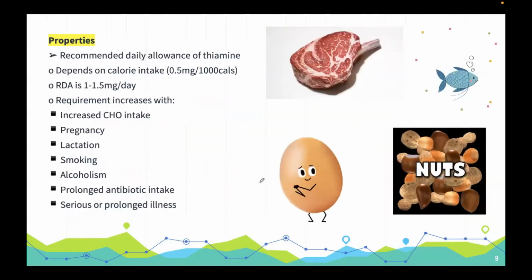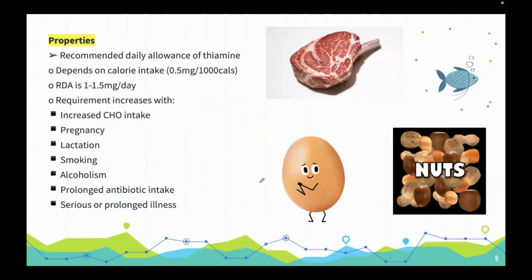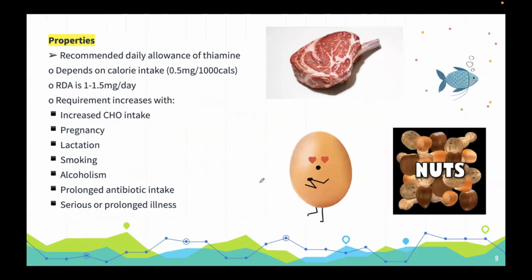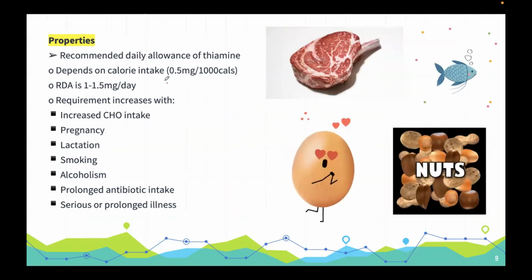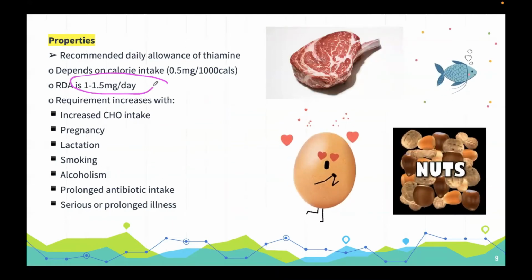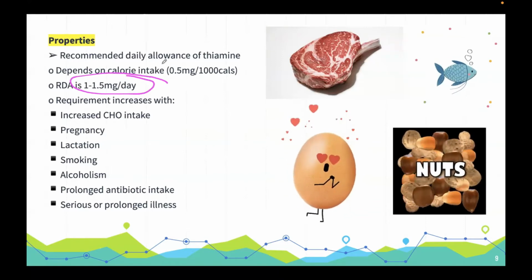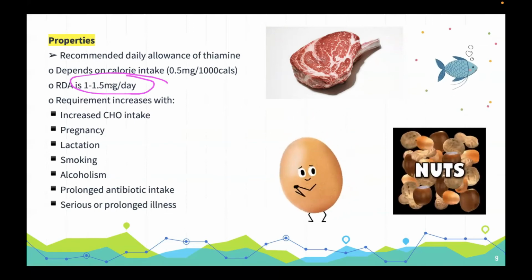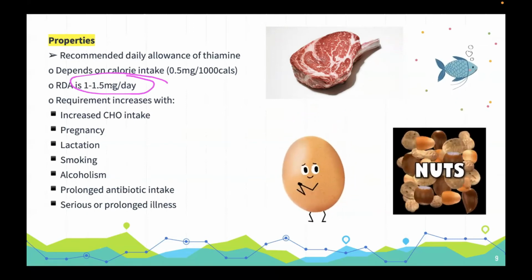So let us proceed with the properties of your vitamin B1. The RDA of thiamine depends on whether the patient is an adult or a child. Mostly for adults, it is only 1 to 1.5 milligrams a day. I have many references saying that the RDA of our vitamin B1 is 1 to 1.5 milligrams a day.